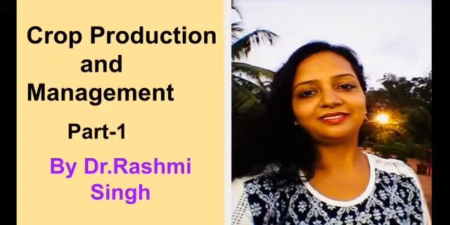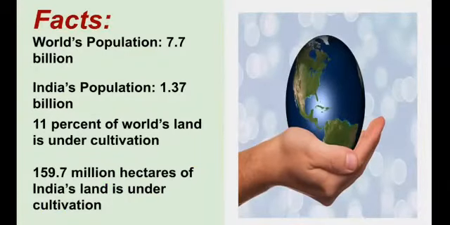Now we are going to discuss each of the numbers in detail. The first number represents the world's population, which is 7.7 billion. The second number, 1.37 billion, represents India's population. The third number, which is very small, 11%, is the percentage of the world's cultivated land.